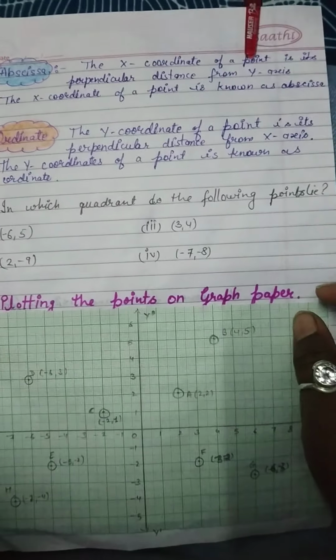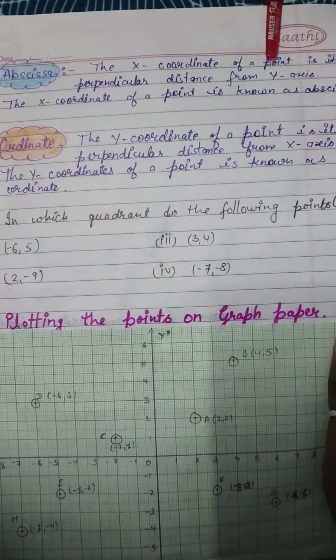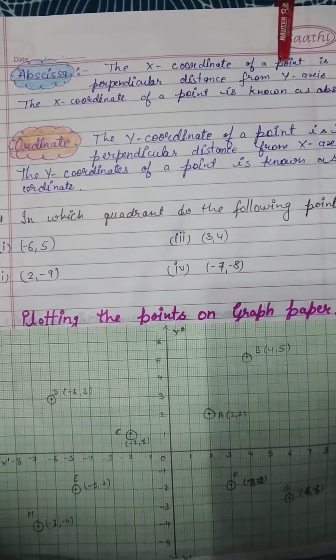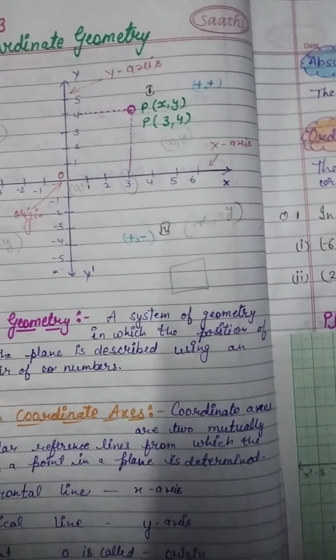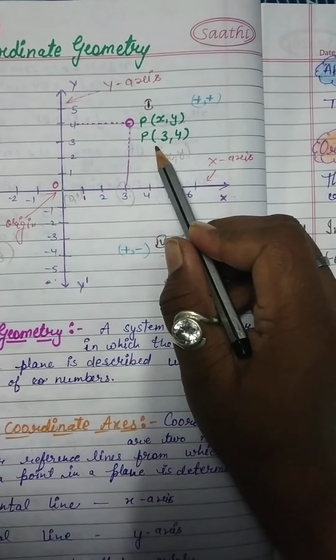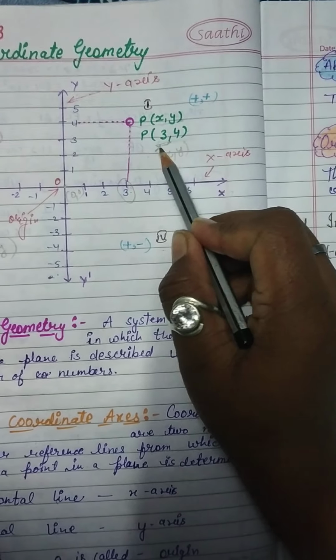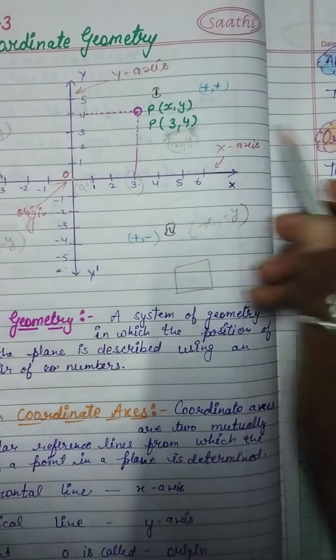Now abscissa: that means the coordinate of the x-axis, and ordinate means the coordinate of the y-axis. In this question, abscissa is 3 and ordinate is 4.